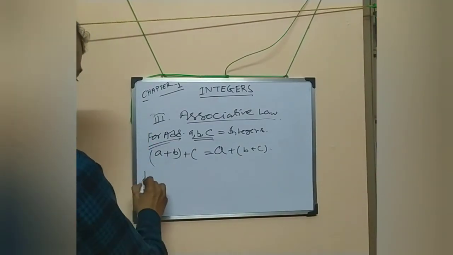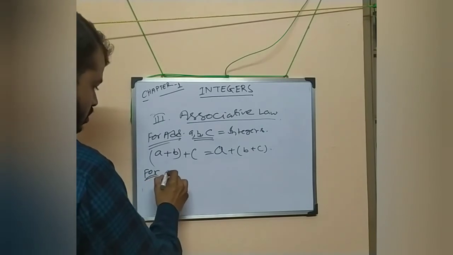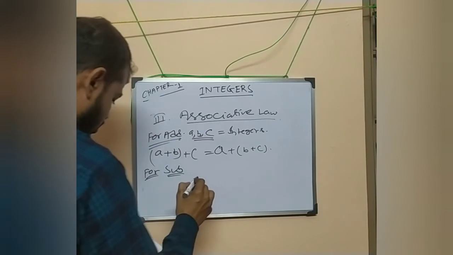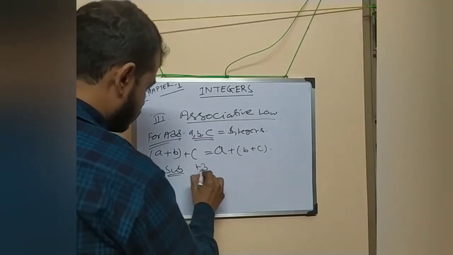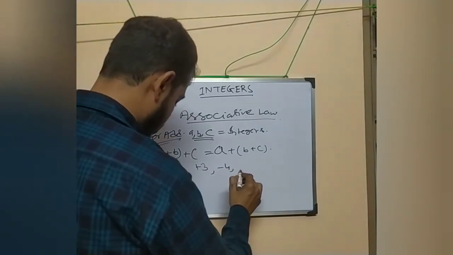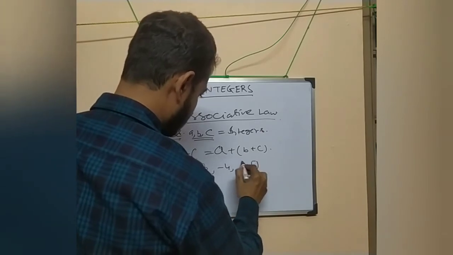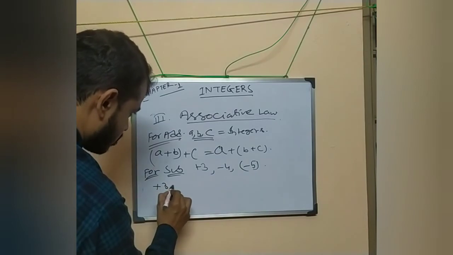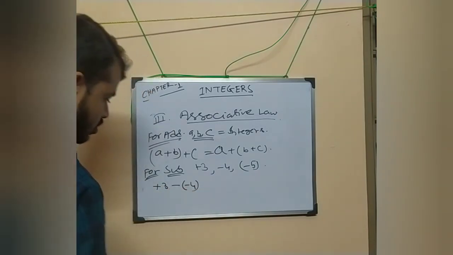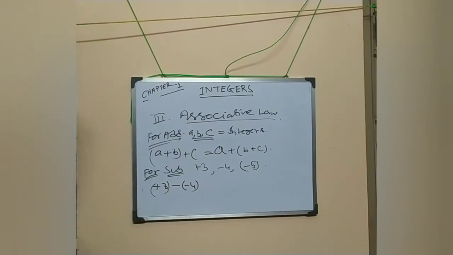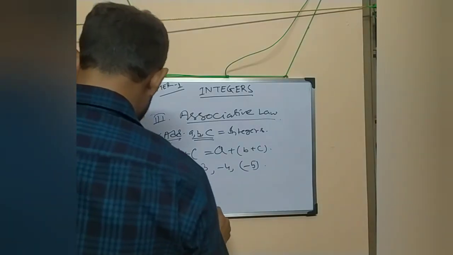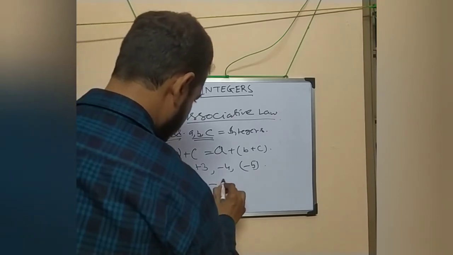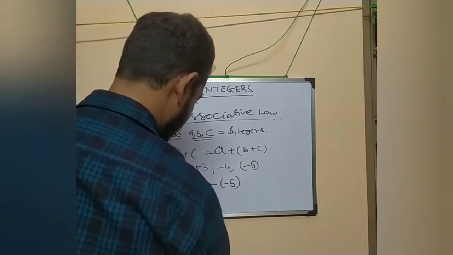Now for subtraction, first we take any three integers, see 3, minus 4 and minus 5. So we subtract from plus 3 minus of minus 4, and then we subtract from minus 5.